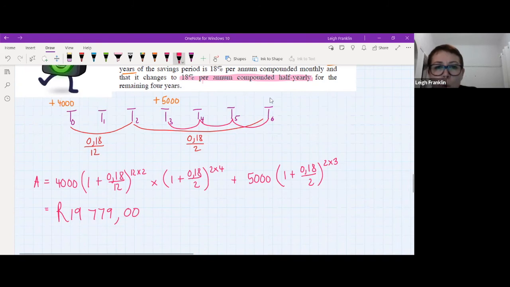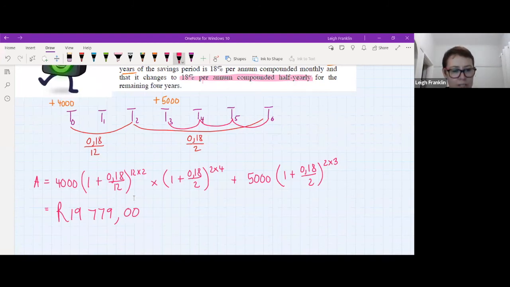So what often tends to happen here is that we write the first bit: 4,000 times (1 plus 0,18 over 12) to the power 12 times 2. And then we think, well, now what do we do with the rest of the time period? How do we introduce the 5,000? But what you've got to remember is that 4,000 Rand stays in the account.